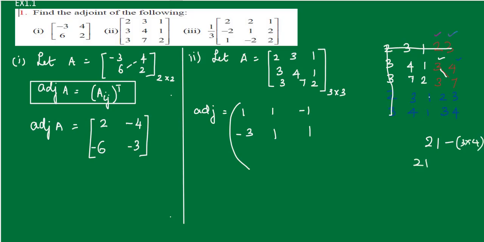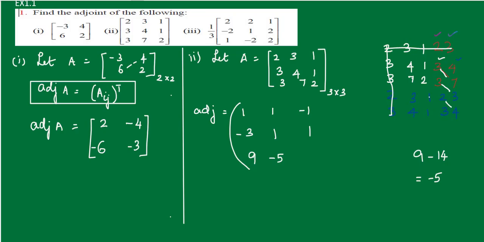So 21 minus 12, we get is equal to 9. You understand? Next, 3 into 3, we get 9, and 9 minus 7 into 2, 14. So we get minus 5.